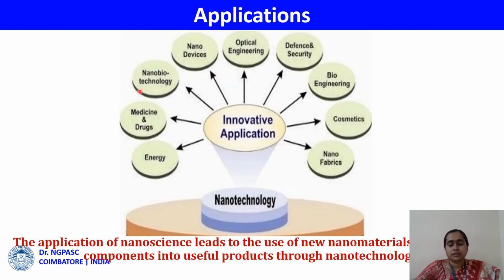So once the properties of a material are understood at the nanoscale, we can do some innovations and apply these new materials in different fields or thrust areas for different applications like energy, medicine and drugs, nano biotechnology, nano devices, optical engineering, defense and security, bioengineering, cosmetics, and nano fabrics.